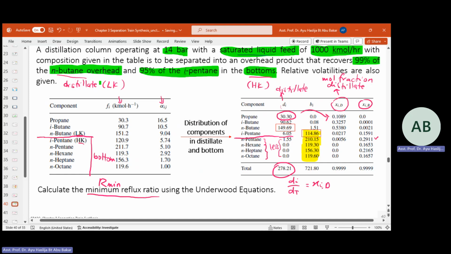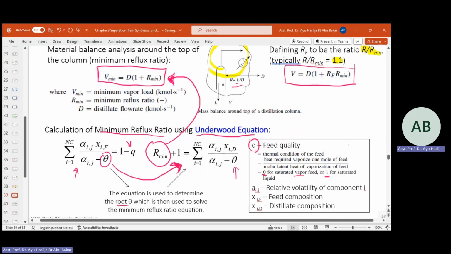So if saturated liquid, 1 or 0? Okay. Here, if saturated liquid, it should be 1, the Q. Yeah, Q here. If saturated liquid, Q is 1.